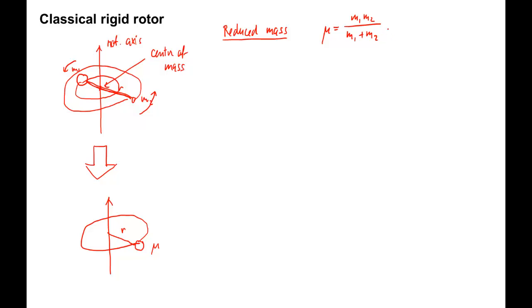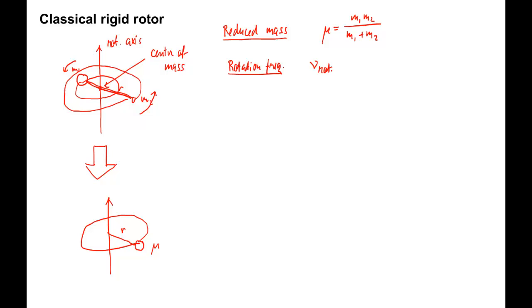harmonic oscillator. The mass rotates with a certain rotation frequency, which we indicate by nu rot.